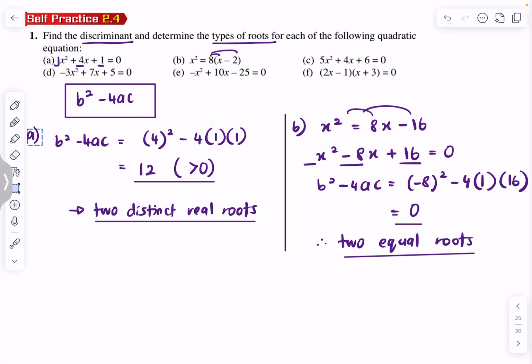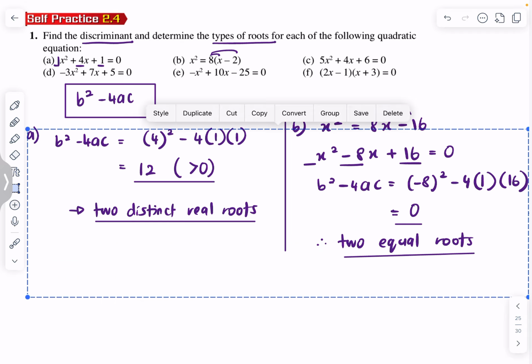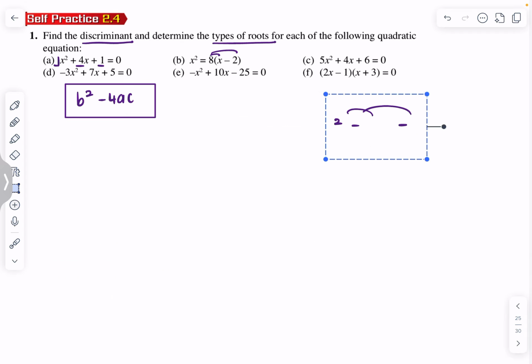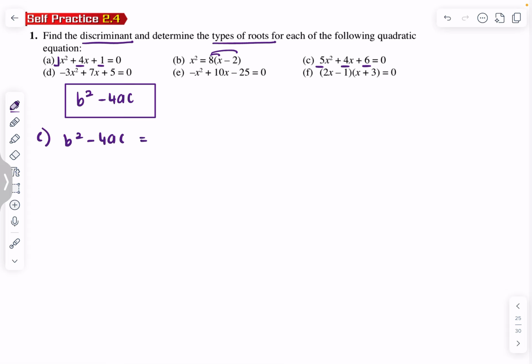Next question. C. A, B, C are given. So b square minus 4ac will be 4 square minus 4, 5, 6.